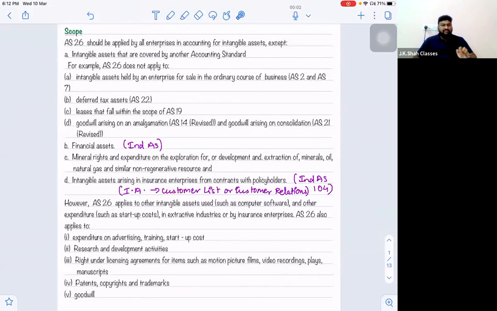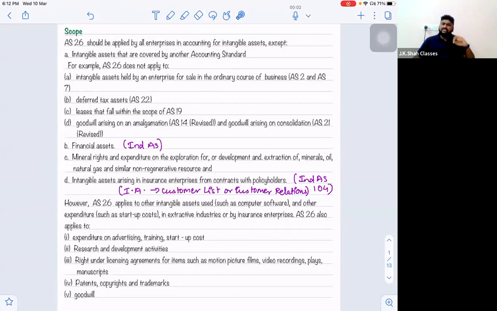Now please understand, if there is coal at one place, you cannot directly go and extract coal from there. You have to pay license fees to the government to take the rights to extract the coal from that area. Say you pay 100 crores to government to extract coal from there.